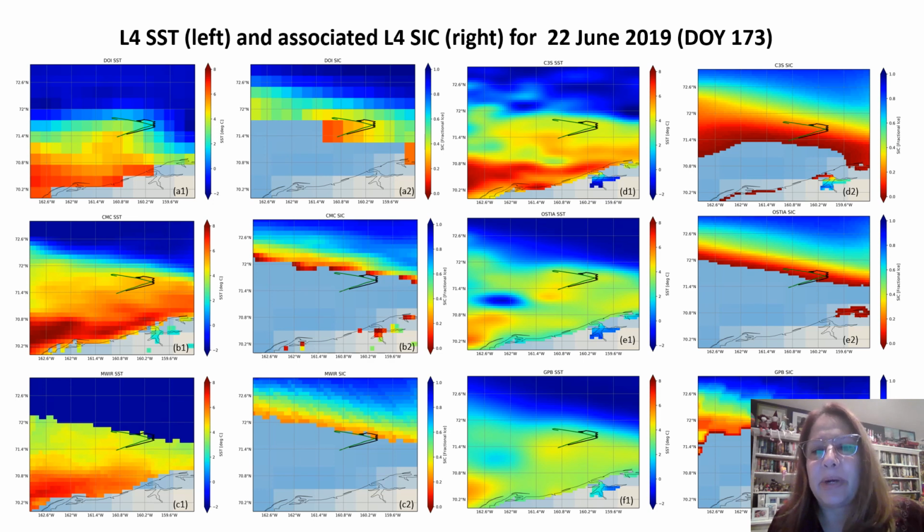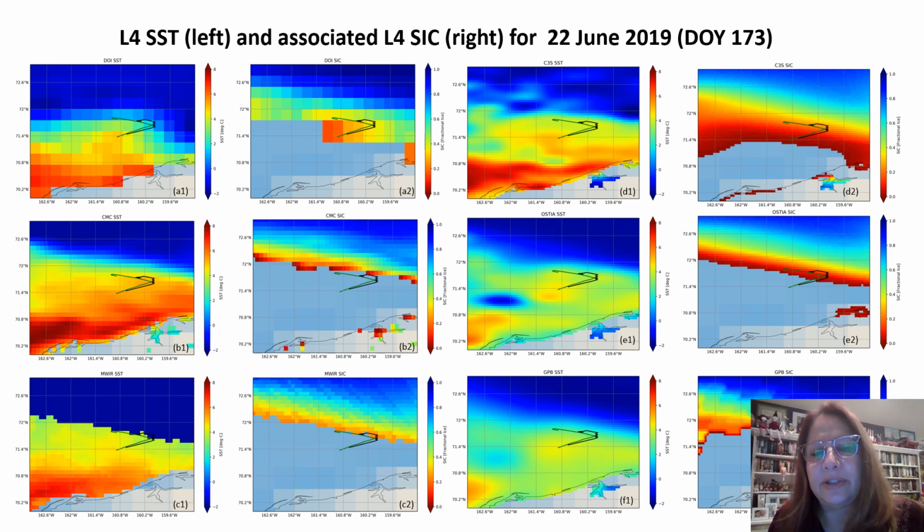And we can see here that products that have a wide ice edge, like the CCI ice-related product, put the two Saildrones completely embedded in the ice, whereas products that don't report ice for the ice edge, like the microwave IR, put the Saildrones totally outside the ice.